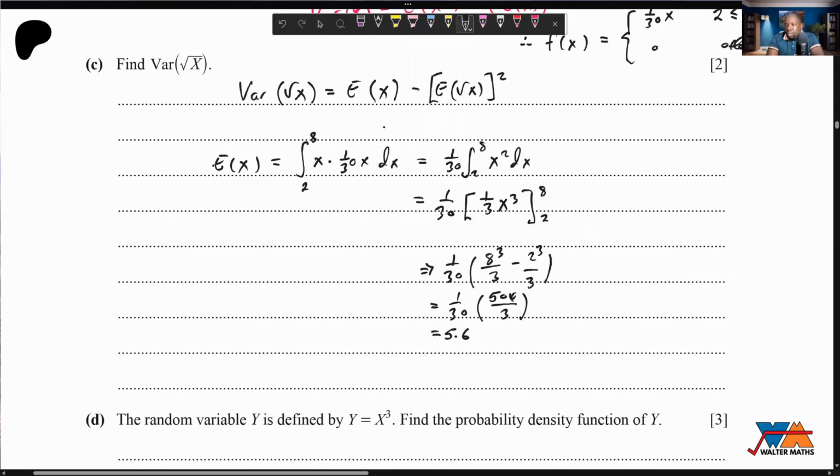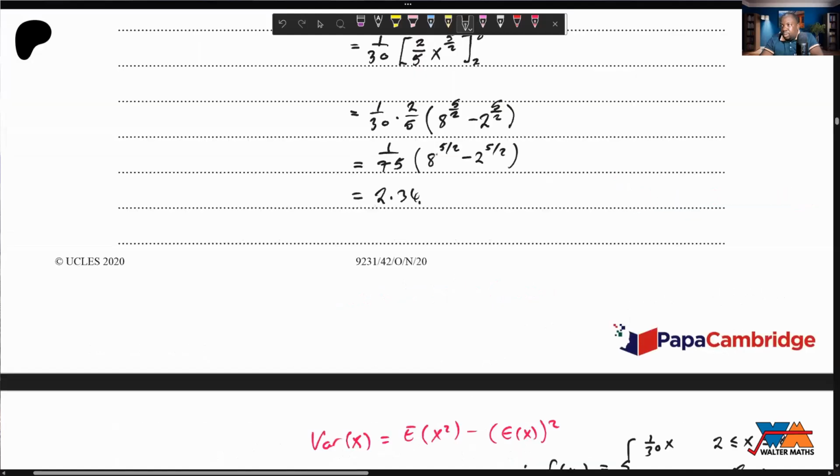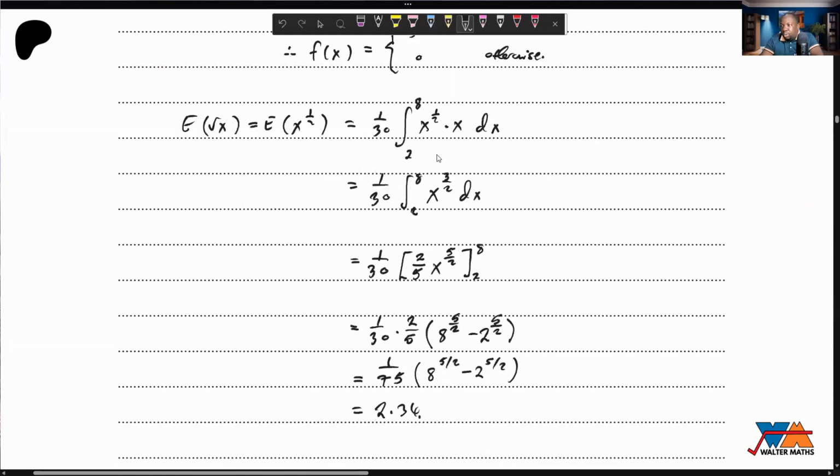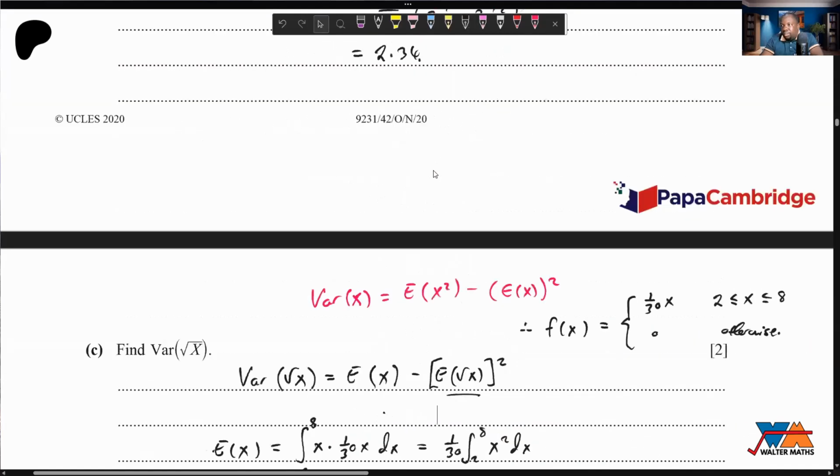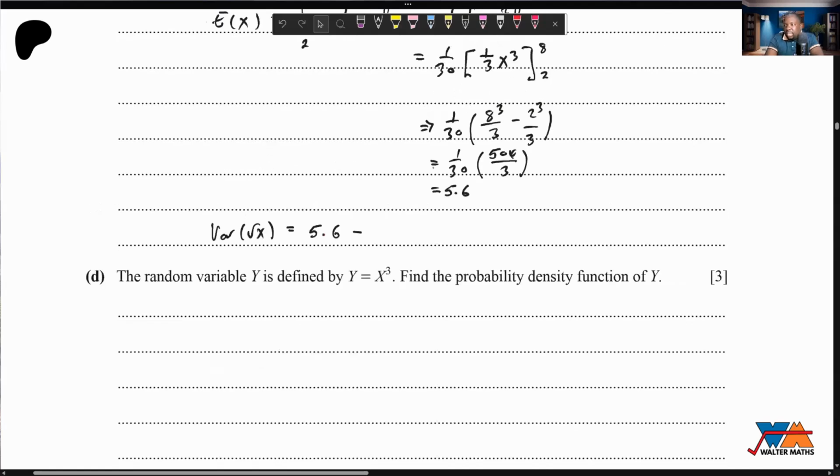So therefore, to find the variance of root x, we'll say that this is equal to E of x, which we got to be 5.6, minus the expectation of root x squared. The expectation of root x is what we calculated above, which was 2.34. So it's minus 2.34 squared.